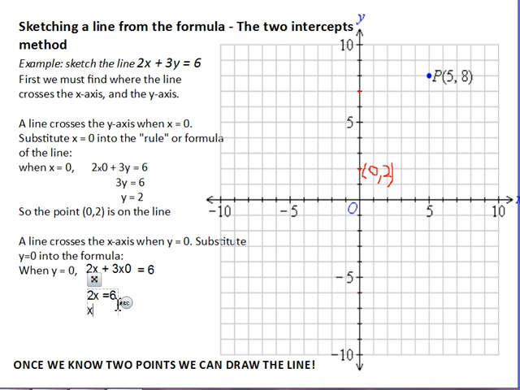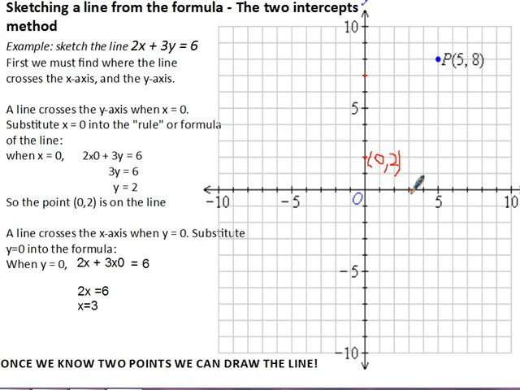I divide both sides by 2 to find x equals 3. So that means that the point at which the line crosses the x-axis is the point x equals 3, y equals 0. So let's draw that point there. There it is. x equals 3, y equals 0.